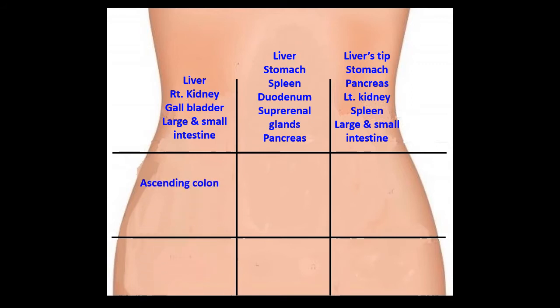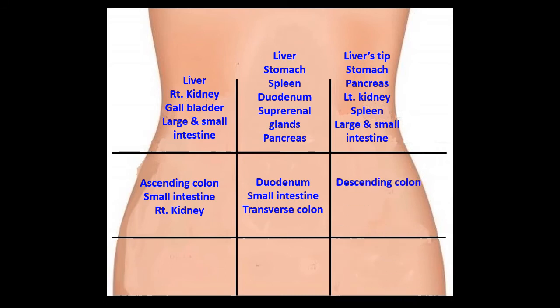In the right lumbar, ascending colon, small intestine, and right kidney. In the umbilical, duodenum, small intestine, and transverse colon. In the left lumbar region, descending colon, small intestine, left kidney.